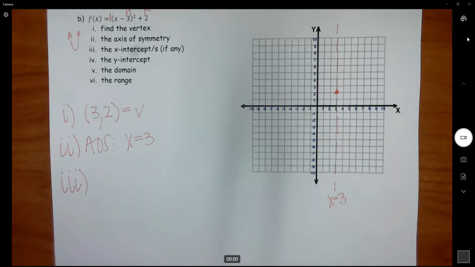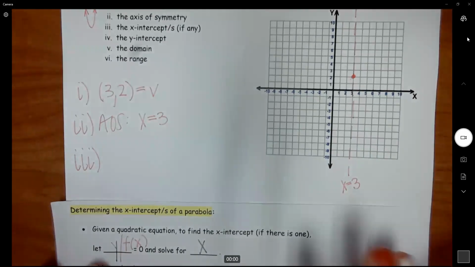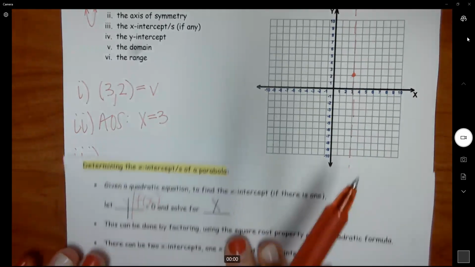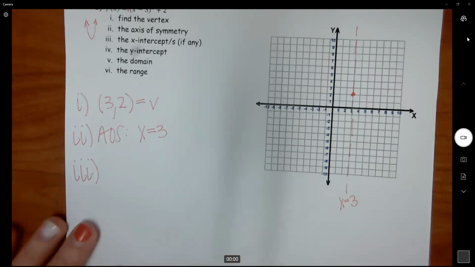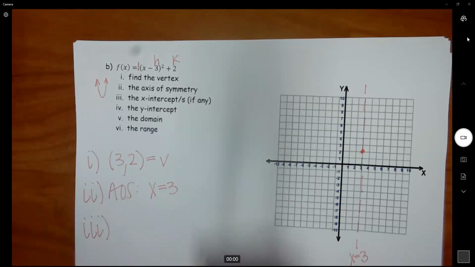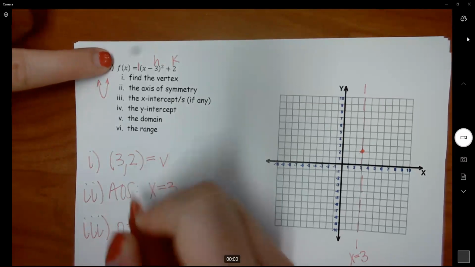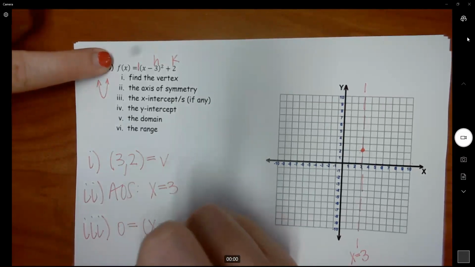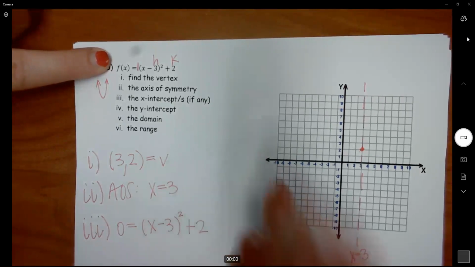So, here we are. To find the x-intercept, we're going to let y or f of x equal 0 and solve for x. So my equation here is going to be 0 equals, because that's my y, x minus 3 squared plus 2.